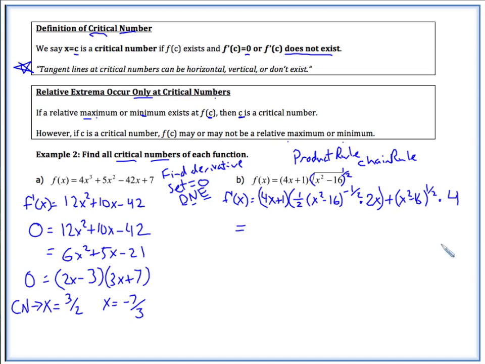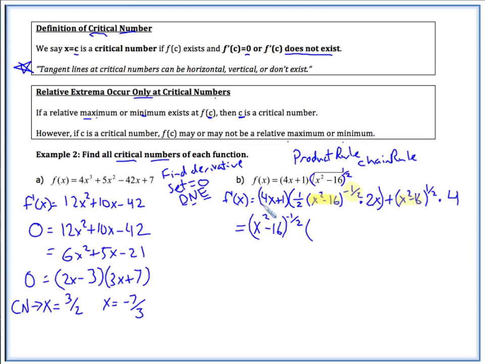Okay, now you notice here, again, we have a negative square root, and we also have like bases in x squared minus 16. So we're just going to factor that guy out. So x squared minus 16 to the negative 1/2.